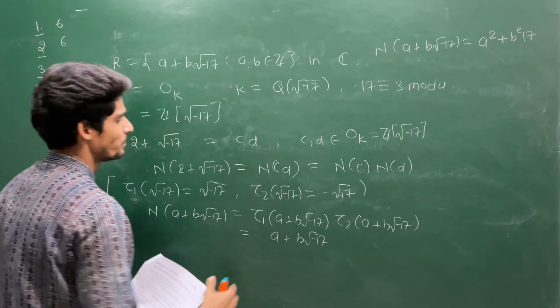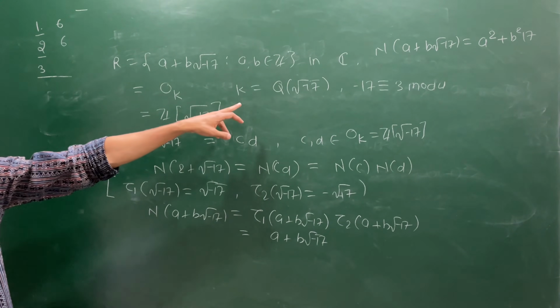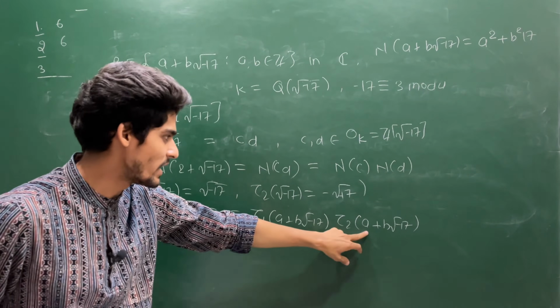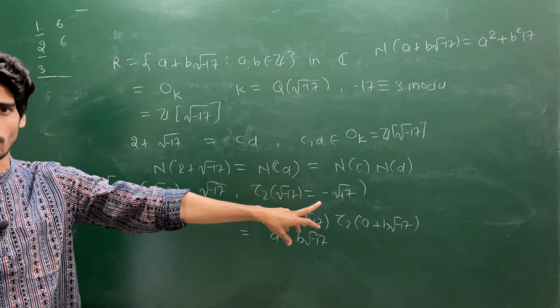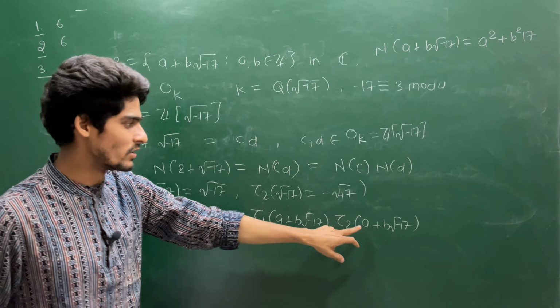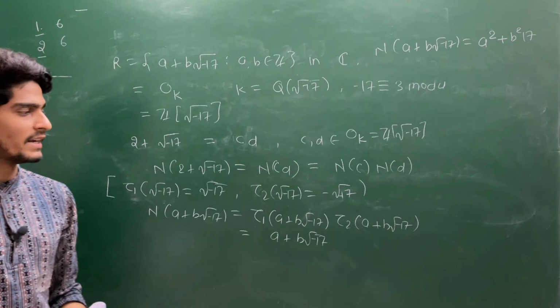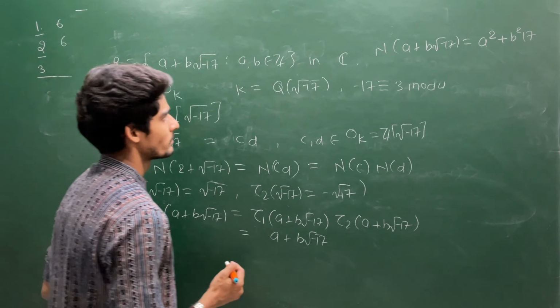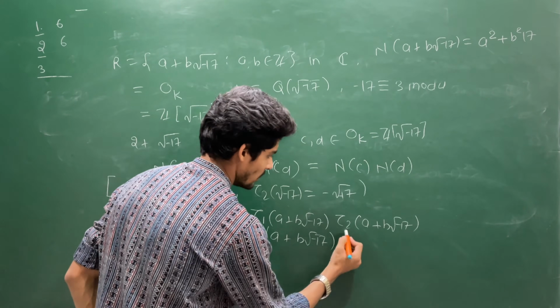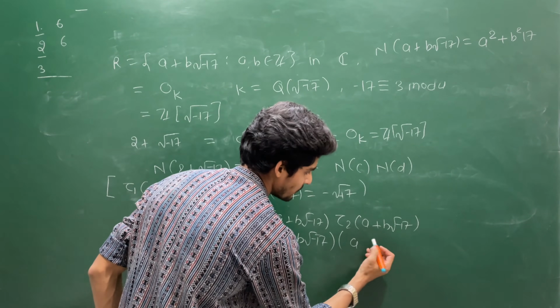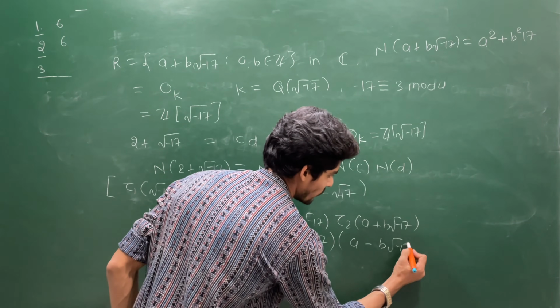And for tau 2, every embedding fixes a rational number. So it will fix the rational number a, because a and b are integers, so they are automatically rationals. And being an embedding, it is a homomorphism. So this will be a minus b square root of minus 17.